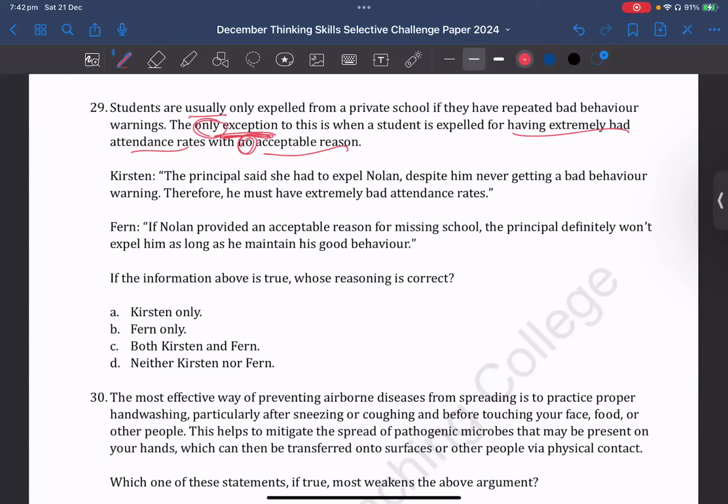Therefore, he must have had an extremely bad attendance rate. So he didn't fit the first criteria, so it's the second one, which is why this person is correct. And Fern is saying, okay, if you have an acceptable reason here, then as long as you've got good behavior, the opposite of bad, you won't get expelled, which makes sense, which is why the best answer here is C.